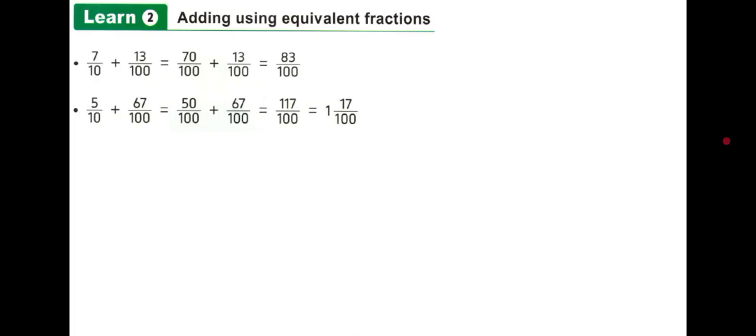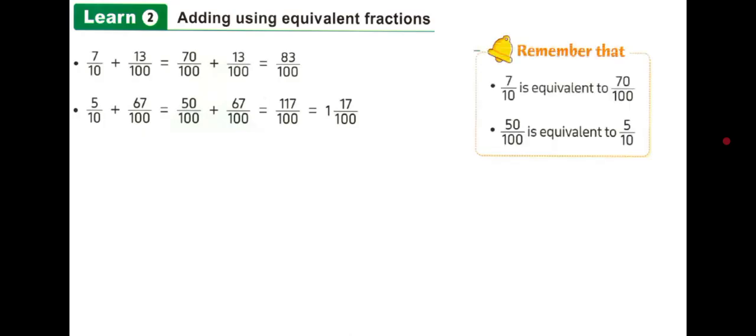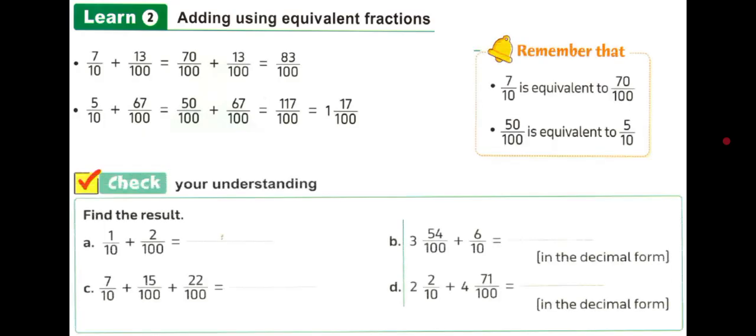5 over 10 and 67 over 100. So it will be 50 over 100. Now 50 plus 67 over 100, it will be 117 over 100, which is 1 and 17 over 100. 1 over 10 and 2 over 100.